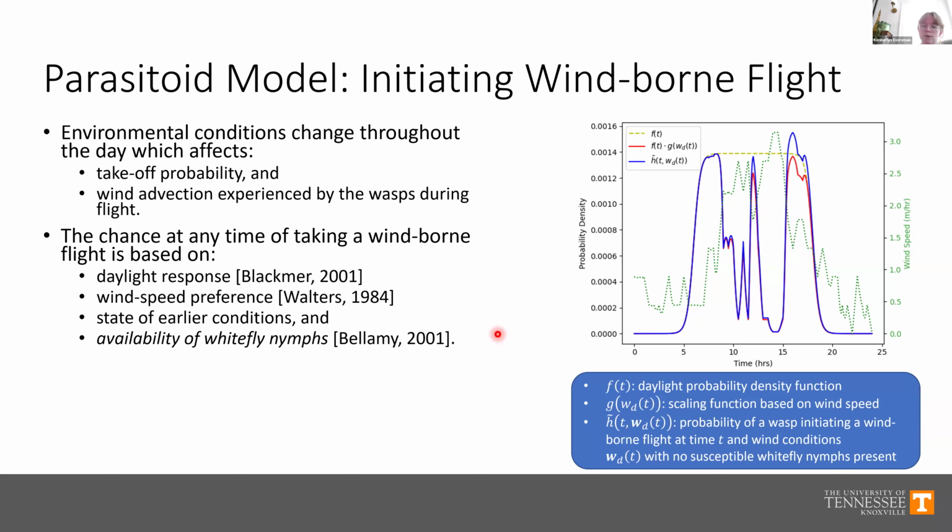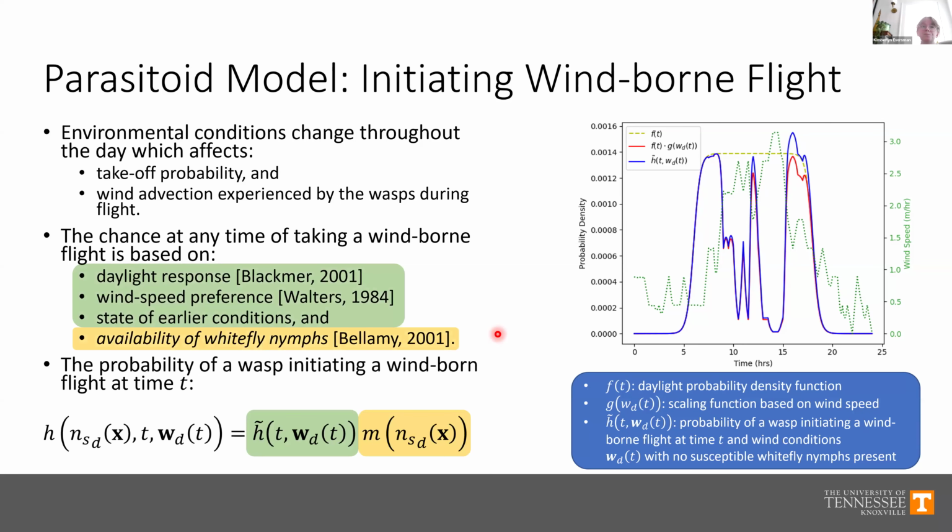So then to account for this last part here, and to actually get the probability of a wasp-initiated windborne flight, we have the probability of initiating a flight with no susceptible nymphs, multiplied times the scaling factor, which is based on the availability of whitefly nymphs.